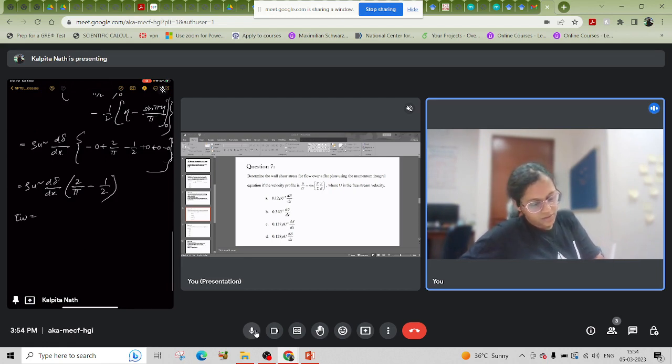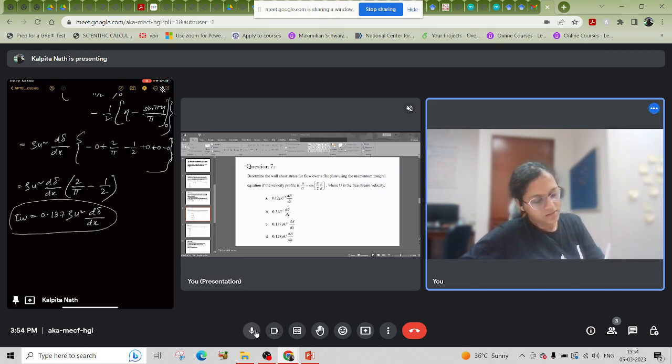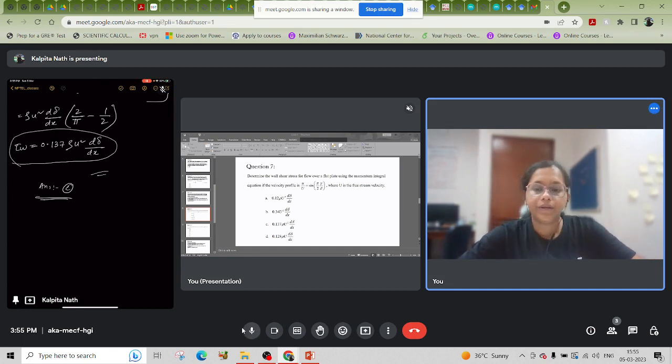So tau w is equal to 0.137 rho U square d delta by dx. This is tau w, and this is the solution of question number 7.